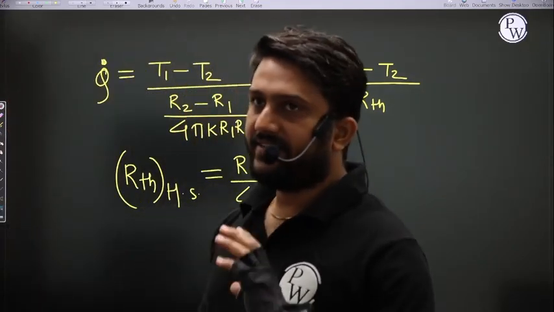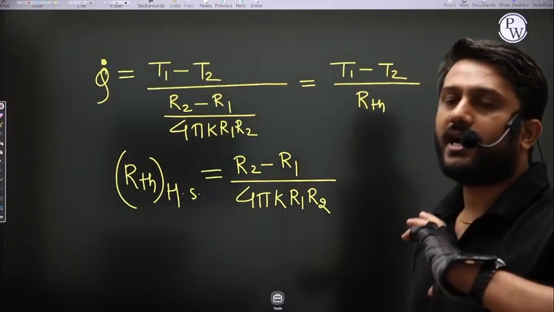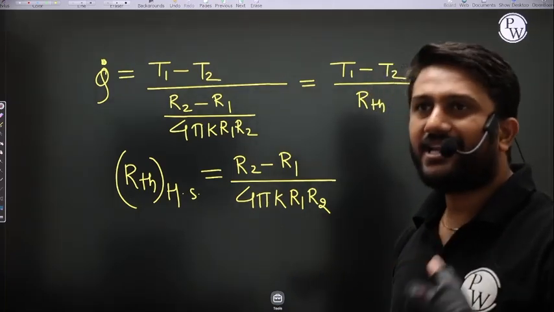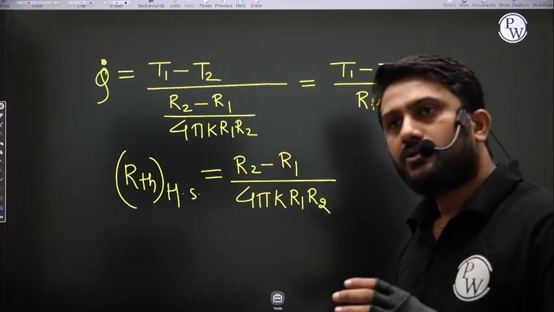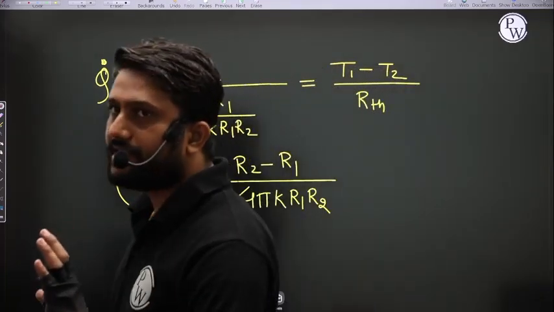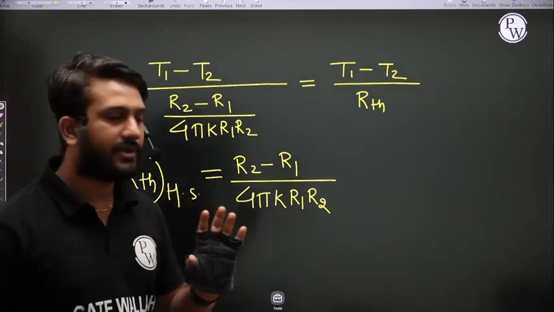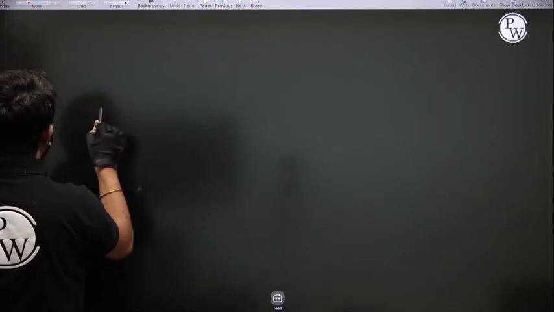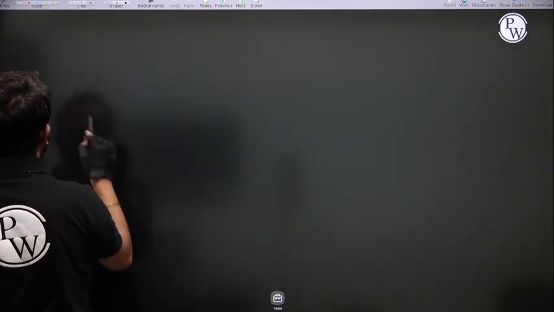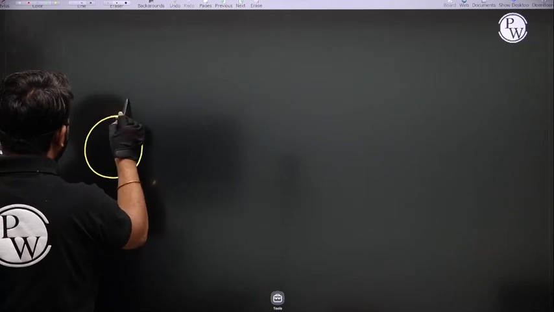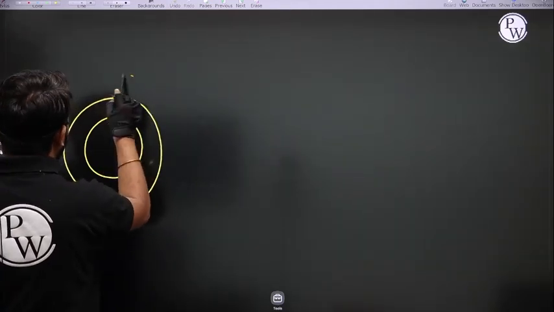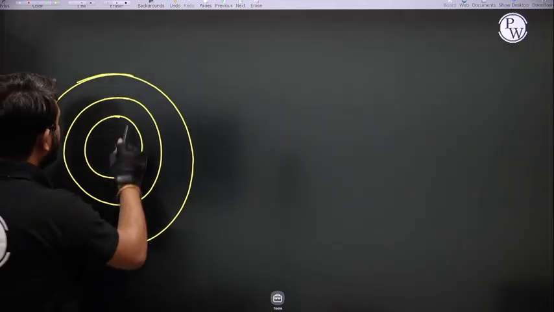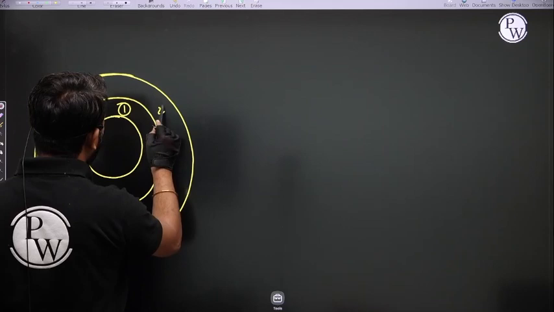Okay, and if there is a problem which is based on the composite sphere, or I can say a multi-layer hollow sphere, you can easily calculate the rate of conduction heat transfer in that case also. Like this: this is hollow sphere 1, this is hollow sphere 2.